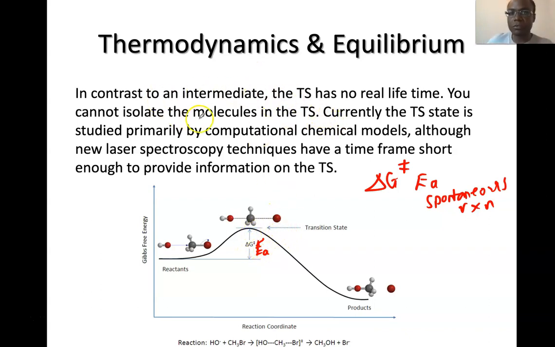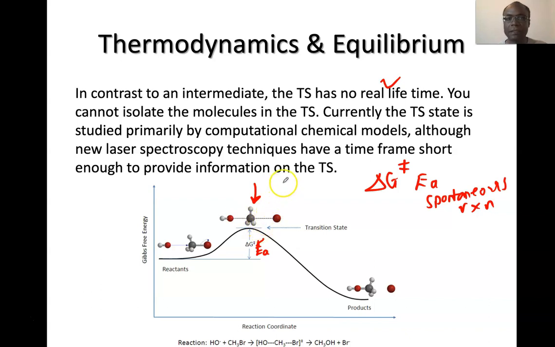In contrast to the intermediate, the transition state has no real lifetime. It does not exist as something you can isolate as a product and store in a flask. You can just tell that it's there based on how much reactant has disappeared. At this moment, you probably have not made much product, but much of your reactant is in the transition state.